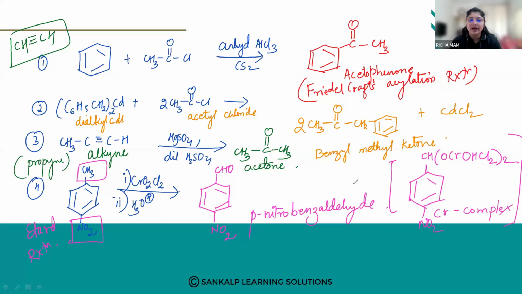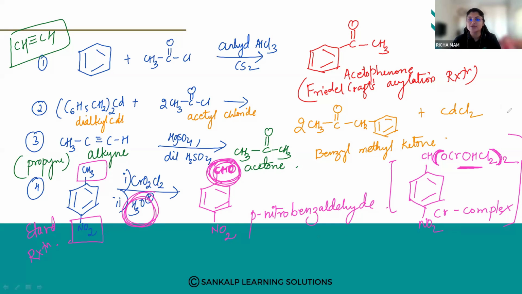This will undergo hydrolysis, the second step. Upon hydrolysis, whatever group is there is converted by introducing an oxygen atom, and we get an aldehyde. The Etard reaction is done for the preparation of benzaldehyde only.